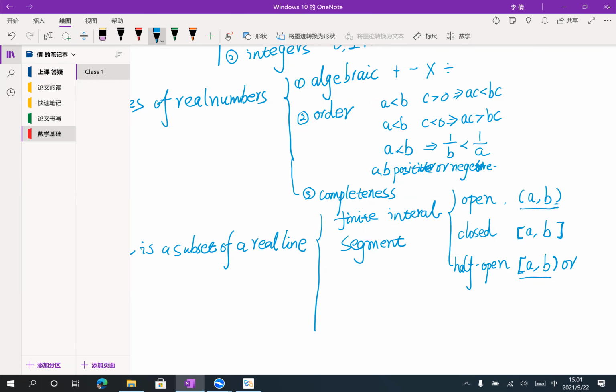Or an interval with a parenthesis at A and a bracket after B contains point B but not point A, so this interval is also a half open interval. And this is the finite interval, and then there is the infinite interval.